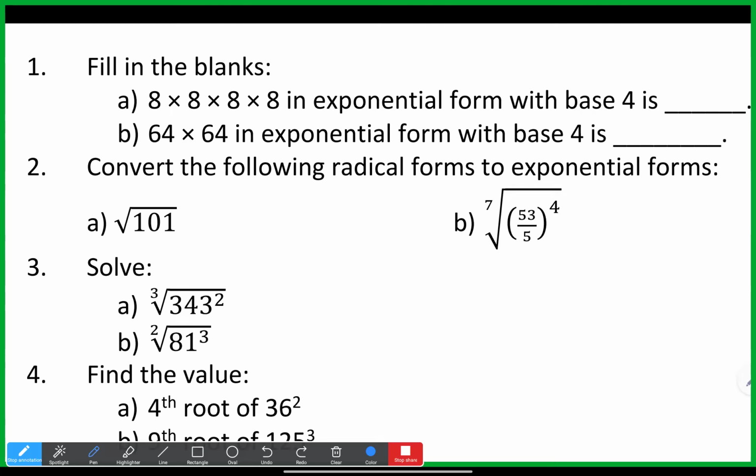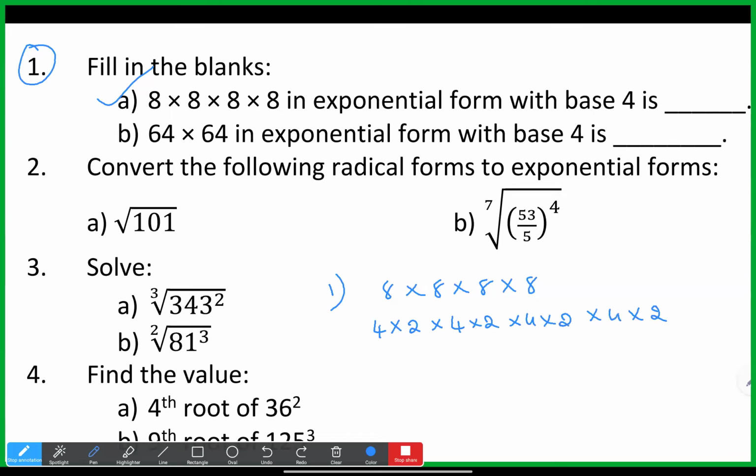So what I will do, Ishwa, is first write this 8 as 4 into 2. Since they said base 4, I'll write each 8 as 4 into 2. The question is 8 into 8 into 8 into 8, no? So each 8 I'll write as 4 into 2, another 8 as 4 into 2, another 8 as 4 into 2, and one more 8 also as 4 into 2.